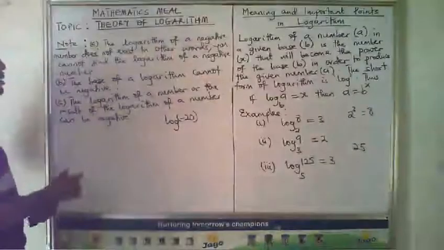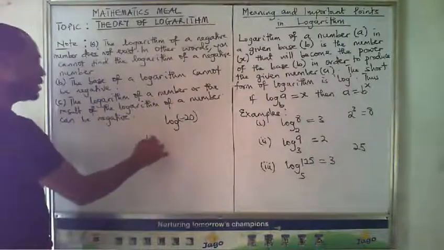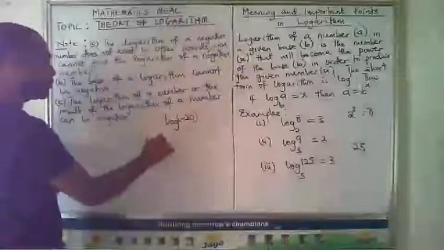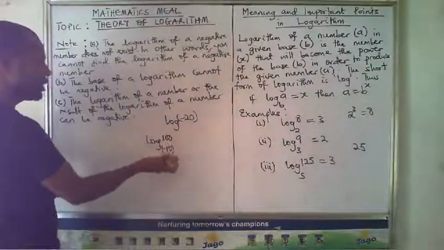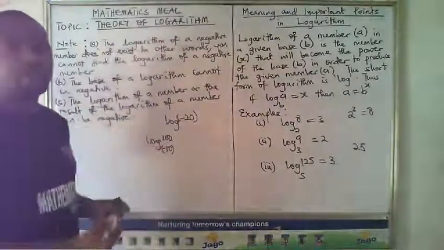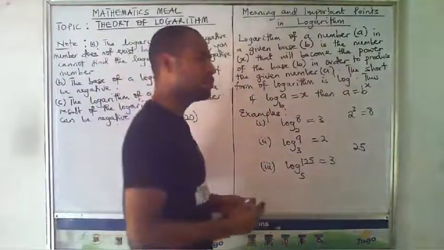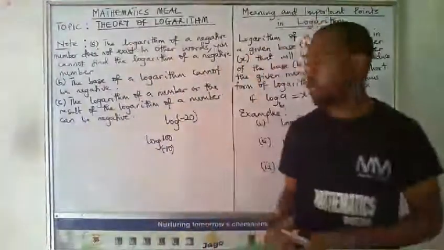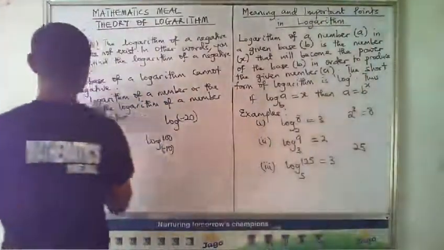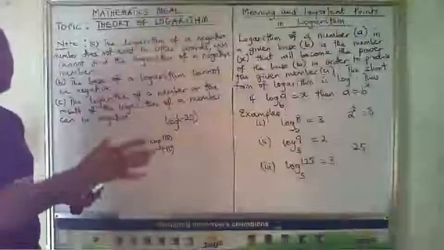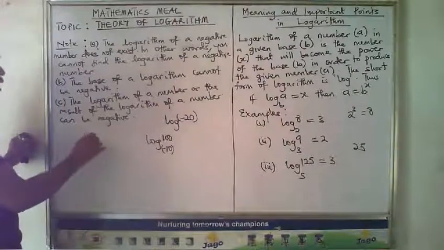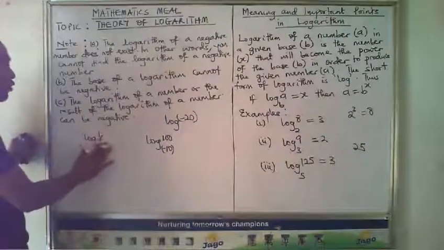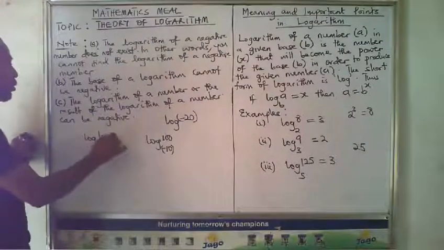That's the first point. The second point is that the base of a logarithm cannot be negative. You cannot have log 100 base minus 10. No, the base of a logarithm cannot be what? Cannot be negative. That's the second point. Then the third point is telling us you can find logarithm of a number and you have a negative answer. For example, I can find log 1 over 4 in base 2, I will have minus 2.